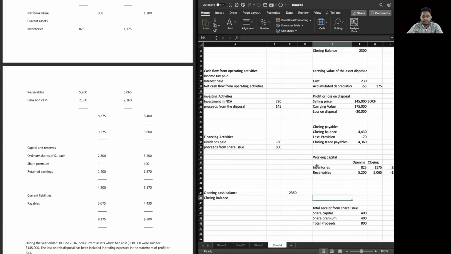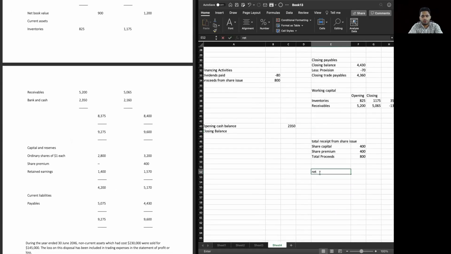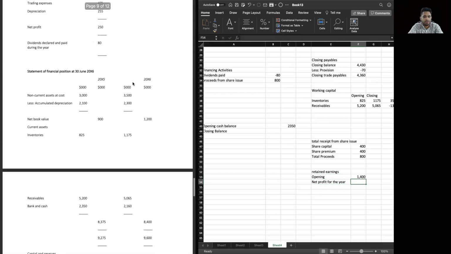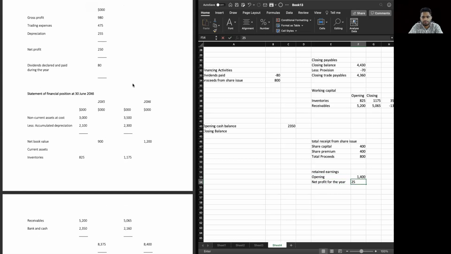Then your retained earnings, this is more of a cross check at this situation. This is to see your dividend payments. The opening balance of your retained earnings is 1400. Your net profit for the year was 250.